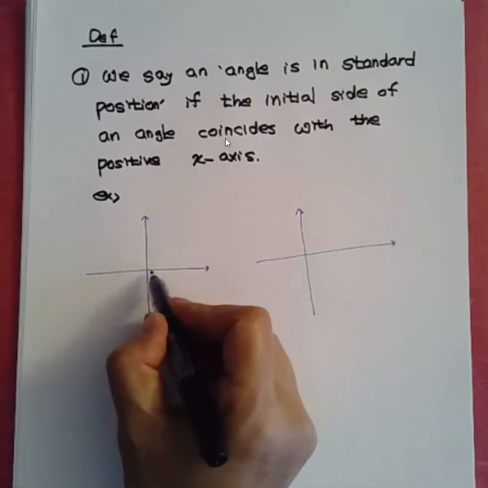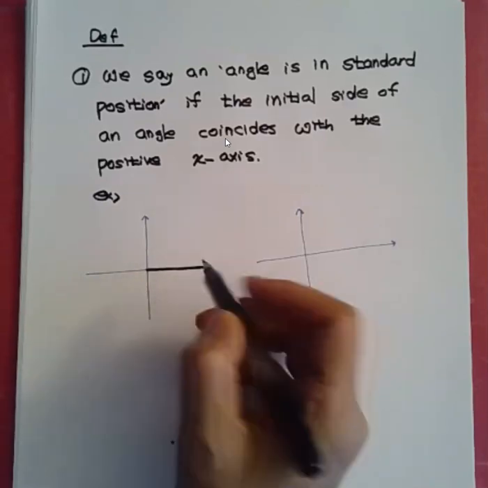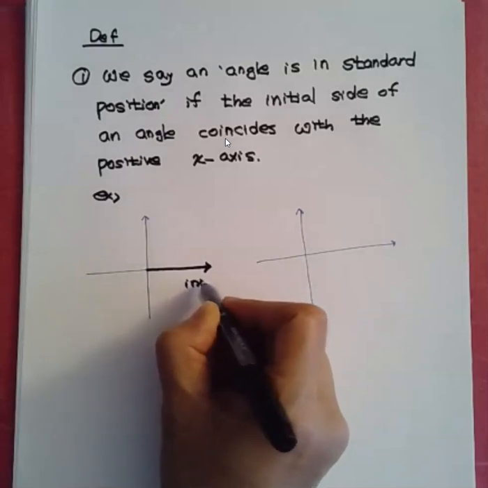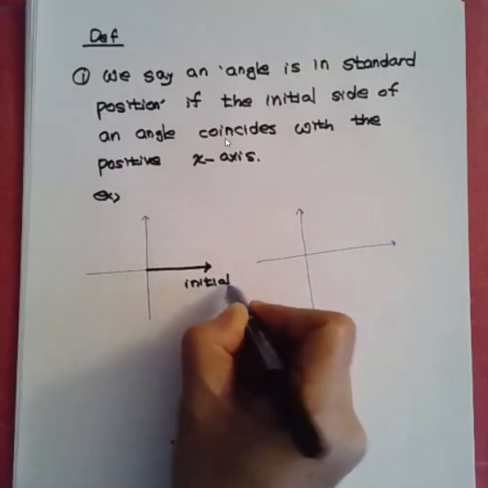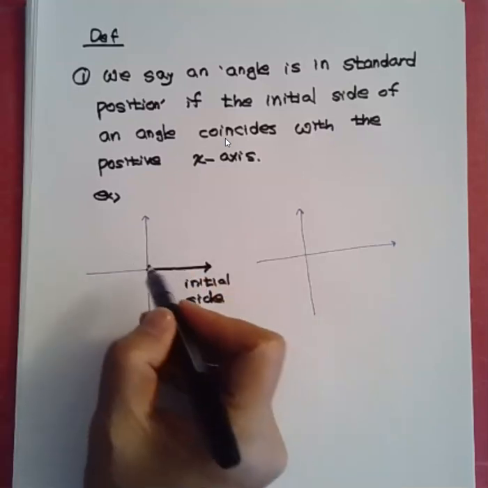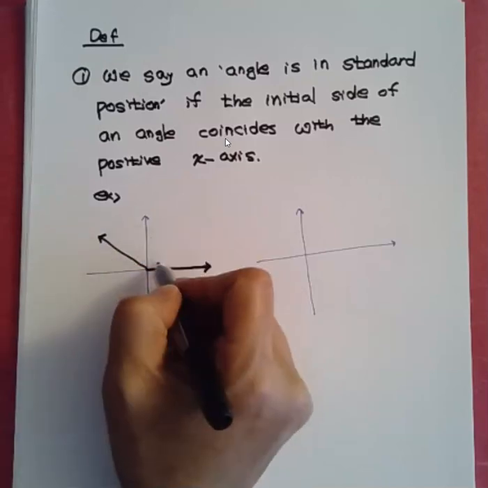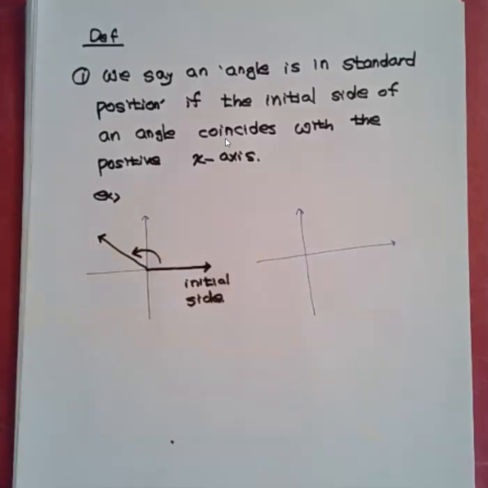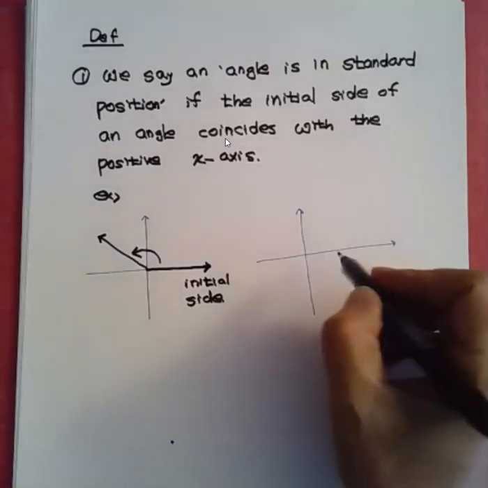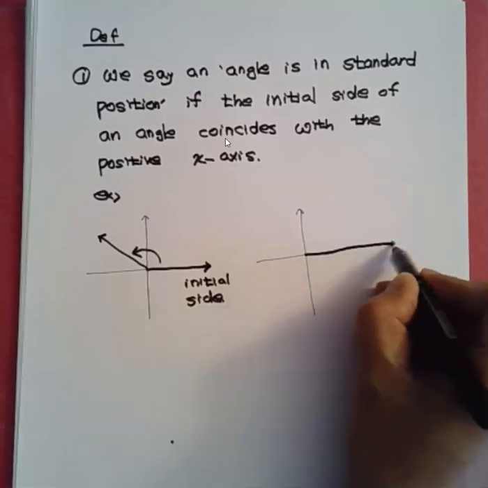For example, let's say this is the positive x-axis and that is the initial side. We rotate the initial side and we get to this terminal side. The terminal side can be anywhere. This is an example of an angle in standard position.